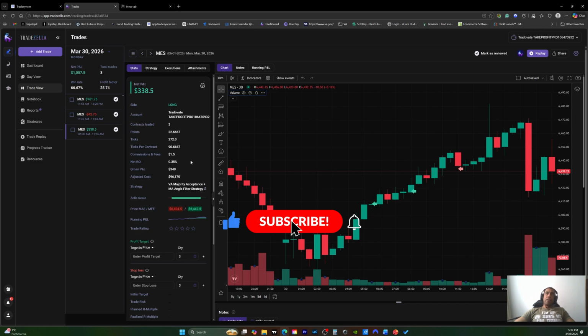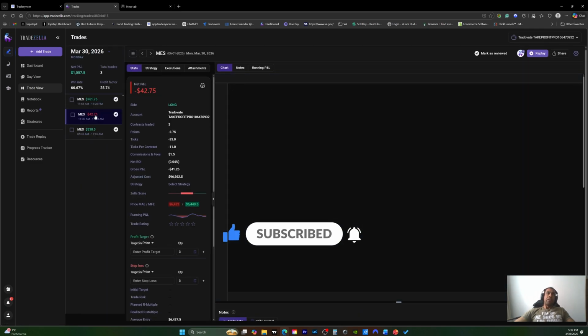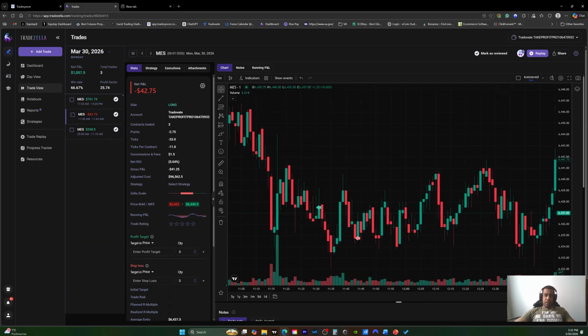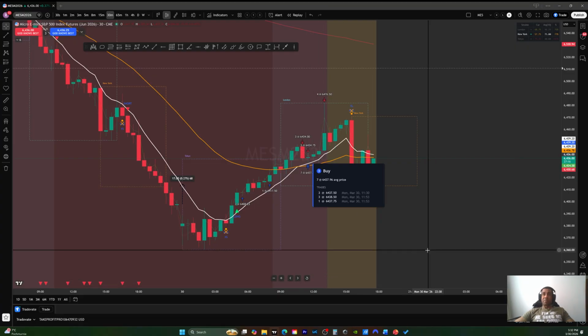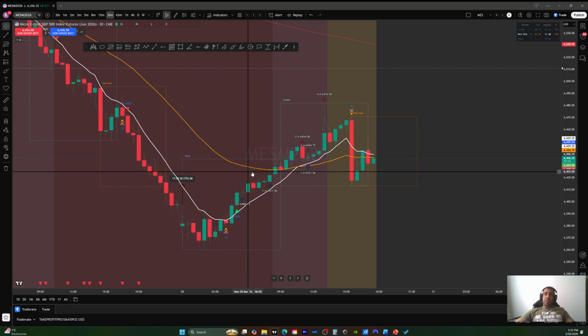Then, what else? This one over here, it was just kind of a little bit of an enter again because the candle rejected. It wasn't really my main strategy setup. It kind of is, but I haven't gotten the exit of the trade candle, the warning candle, yet.